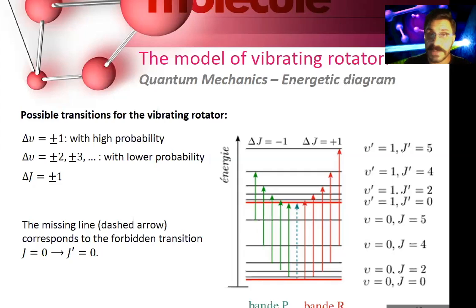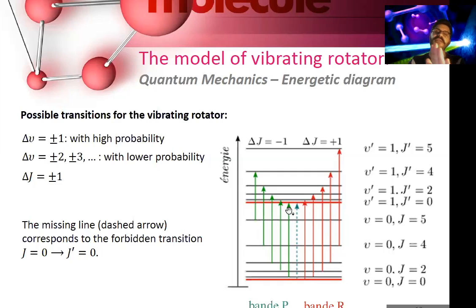It doesn't exist. But you start having the second option of going with delta j equal minus 1 when your seat is j equal 1 in the first row. Then you can go from v0, first row, j equal 1, with the option to reduce your j, so you go to v prime equal 1, j prime equals 0.